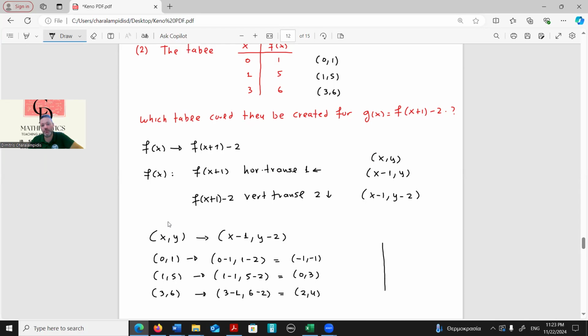So the new table of values for x and g of x would be negative 1, negative 1, 0, 3, 2, and 4.